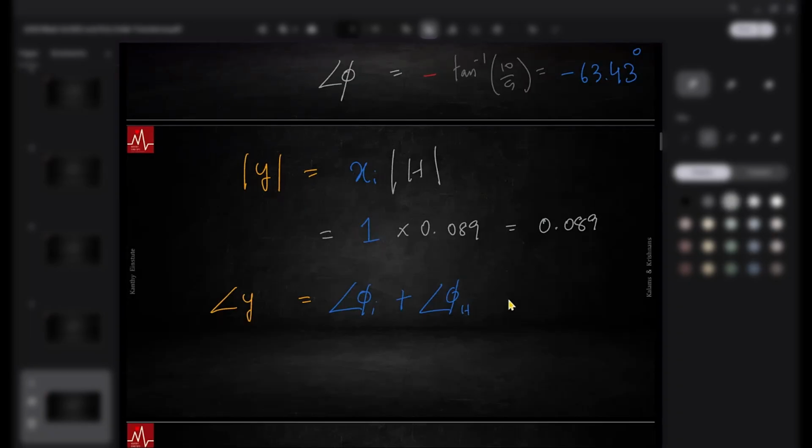That would be minus 50 degrees minus 63.43 degrees, which gives minus 113.43 degrees.